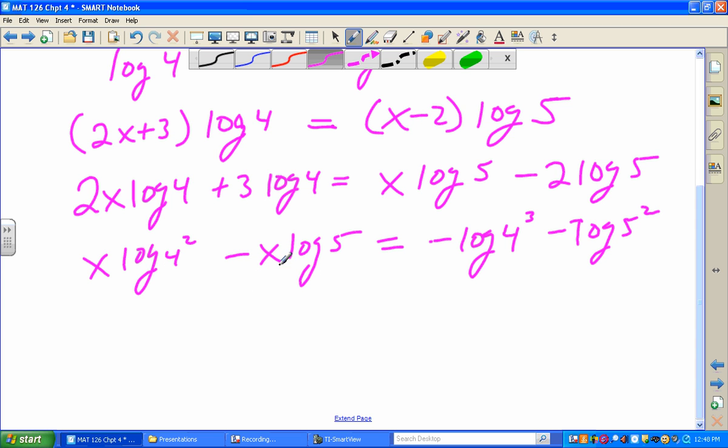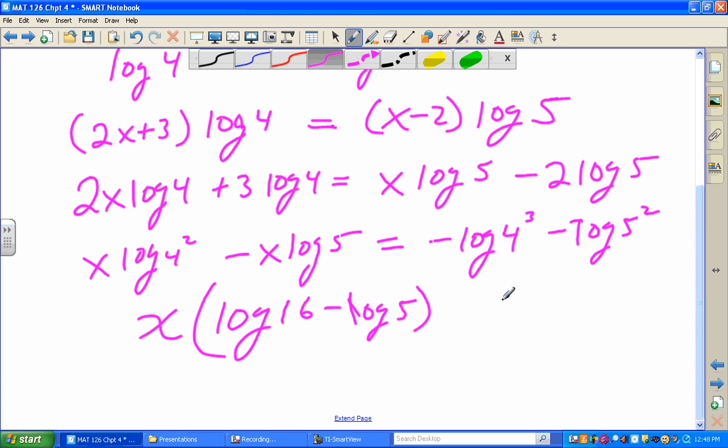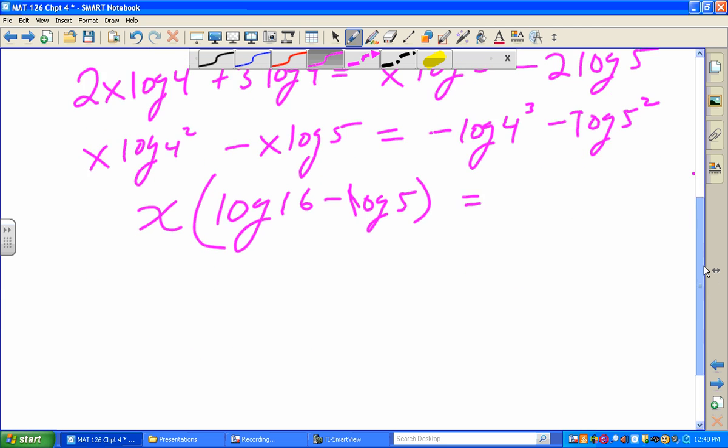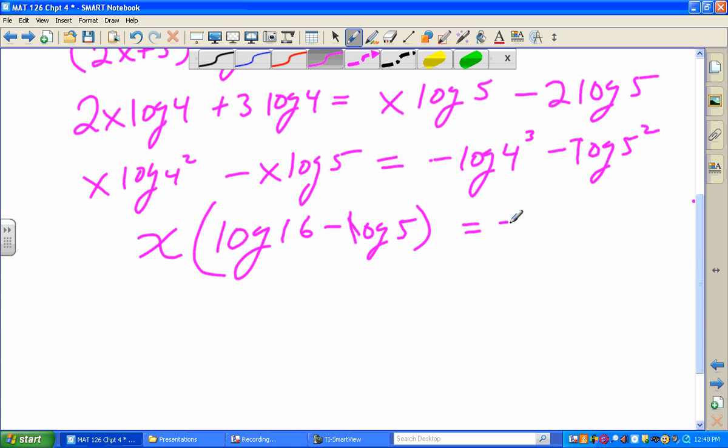And now I'd obviously factor the x out. So x will be the log of 16 minus log of 5. I'm doing this really slow in case there are any questions. And I'd take the negative out.